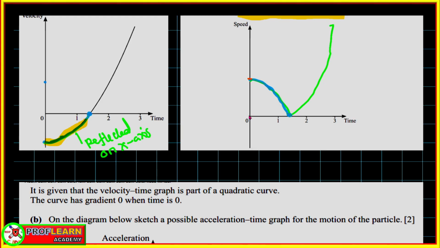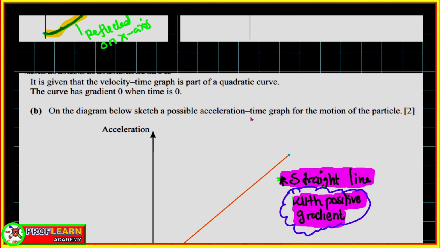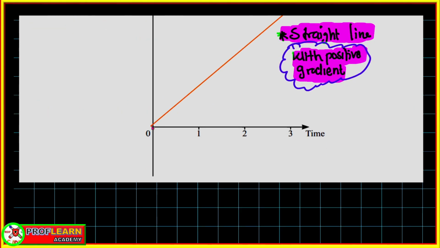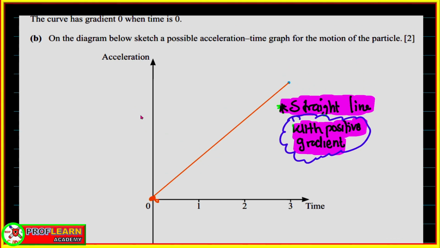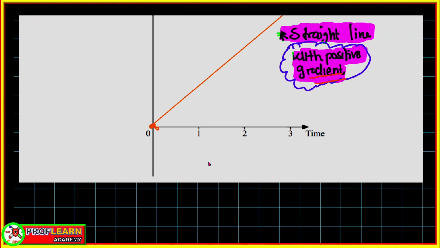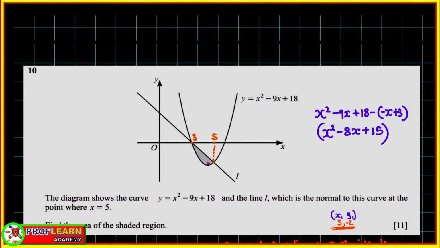When time is 0, acceleration is also 0. So that is why you can see I said here, when time is 0, acceleration also is 0. And then in this case, it's going to be a straight line graph passing through the origin. So the gradient also should be positive. So that's what you're expected to do.